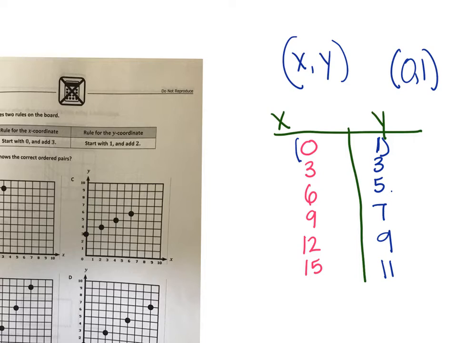So that's where you need to notice, oops, I didn't plot that first point. That's why, if you do your T-chart and look at it as a function every single time you have a question like this, it'll help you find the right answer.